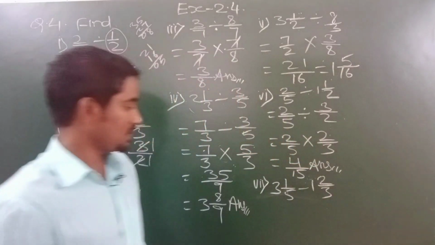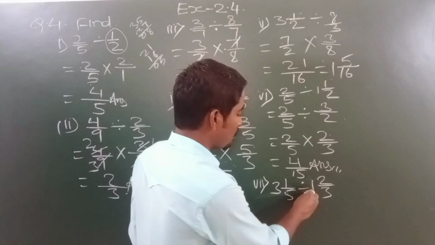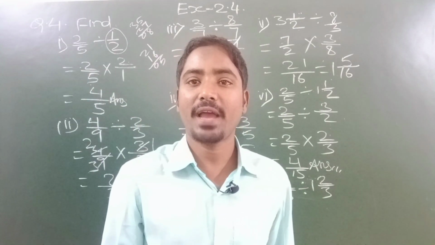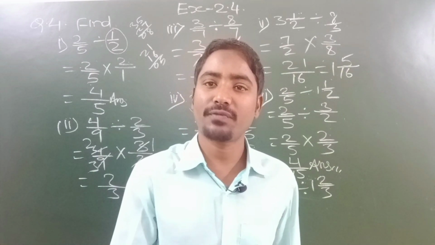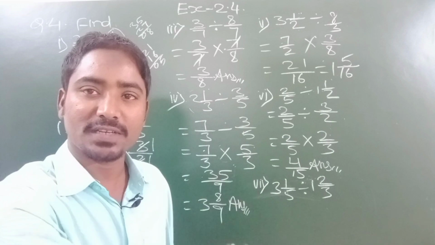Okay, so this is your question. Now here we have two mixed fractions, so no problem. What we have to do is convert these two mixed fractions into fractions, and then we will perform the operations as we have performed in the rest of the segments.